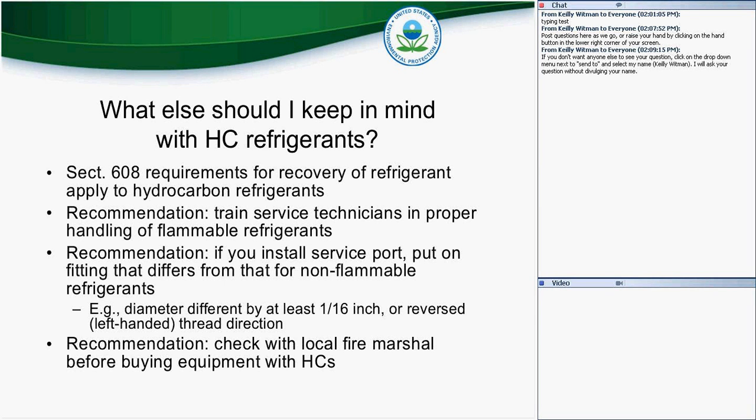But still, since it's something relatively new, it's probably worth at least bringing up the first time. So those are just some additional thoughts, considerations.